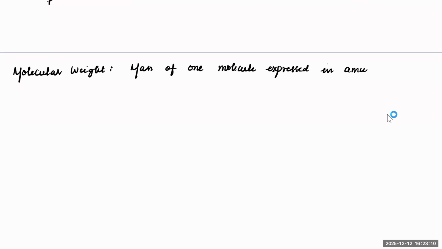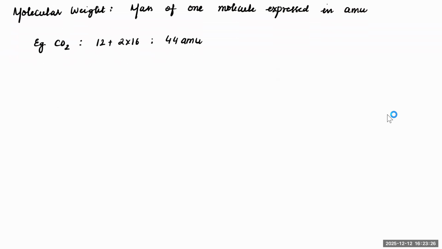I'm sure you do understand. Suppose I ask you carbon dioxide, you will be adding 12 plus 2 times 16. That makes it 44 AMU. Got it? Now, there are a few terms which are very essential for us to remember in terms of the molecular masses in AMU.